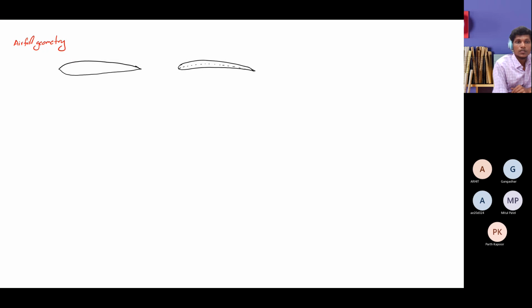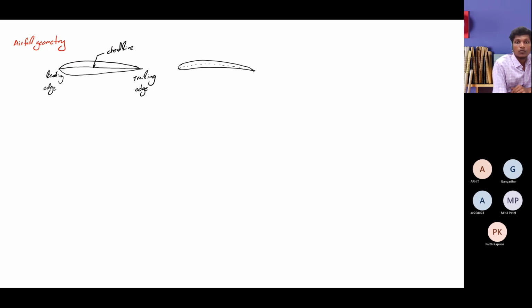The line that joins the leading edge and the trailing edge is called the chord line.